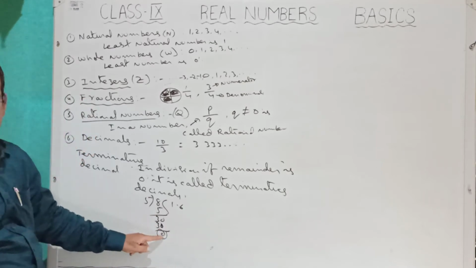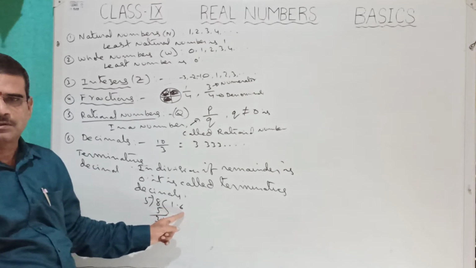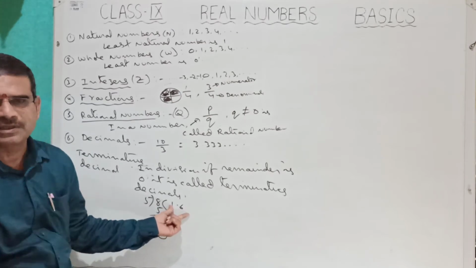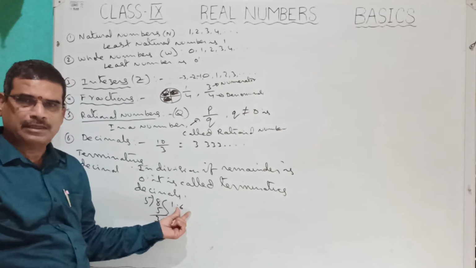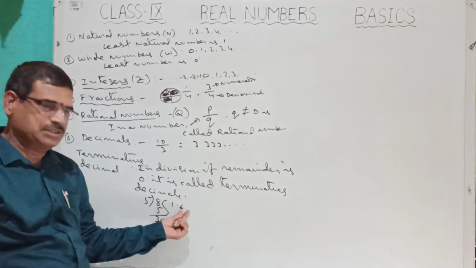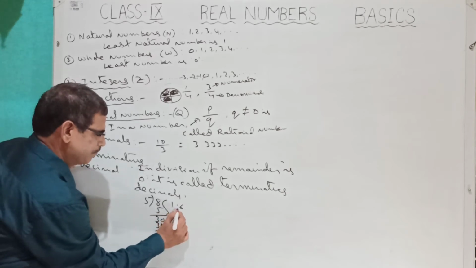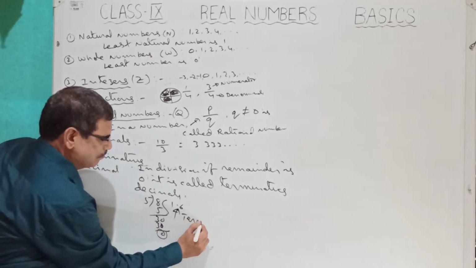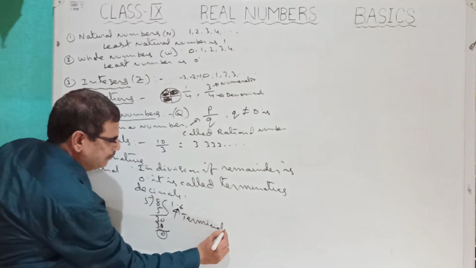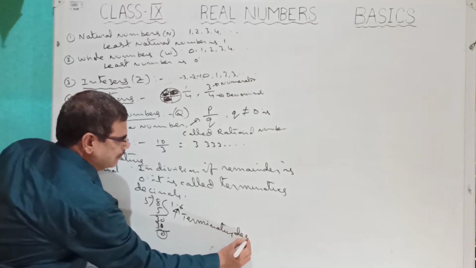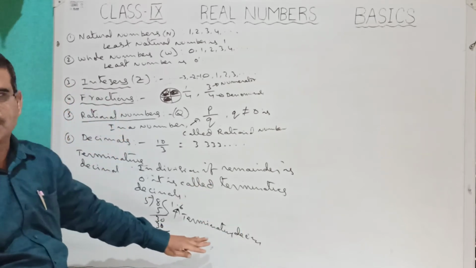Here the remainder is 0, so the answer is 1.6. This is called a terminating decimal because I can write the ending number, the last number 6.